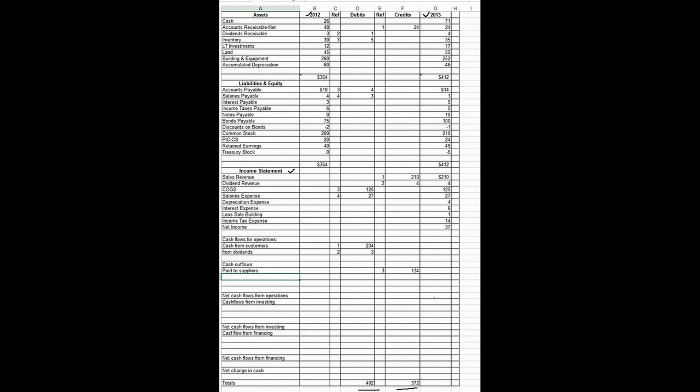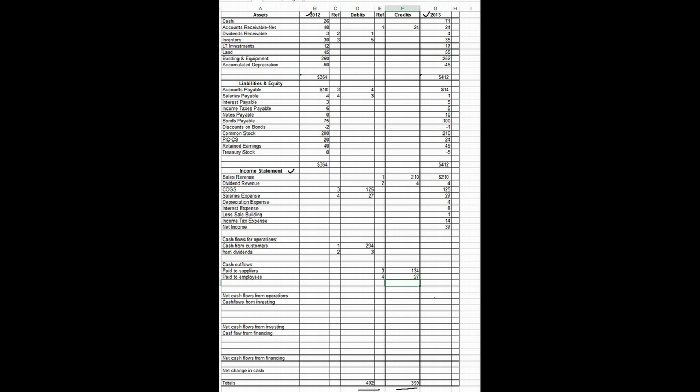So paid to employees must be the sum of those. 24 plus 3 is 27. And I am on transaction 4, so I will come down and put a 4 and say I paid 27 to my employees. Look, I don't balance.